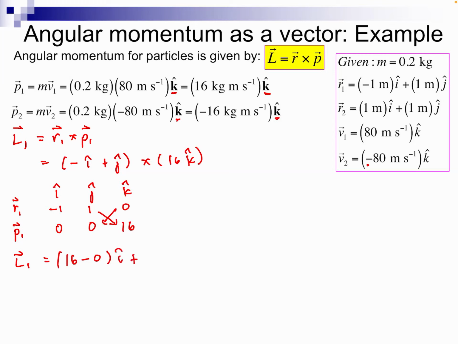Plus, for the j hat component, you have to cross i and k. You can copy over your i hat column over here. To have the j hat component, you need to do the cross product between k hat and i hat. So that's 0 times 0, that's 0, minus -1 times 16. That will be the j hat component.